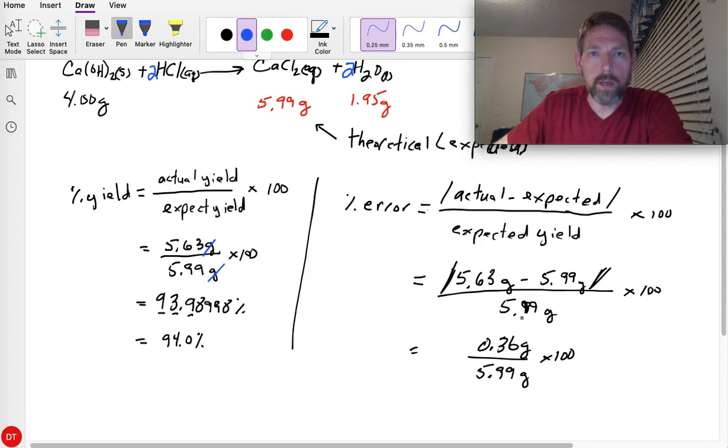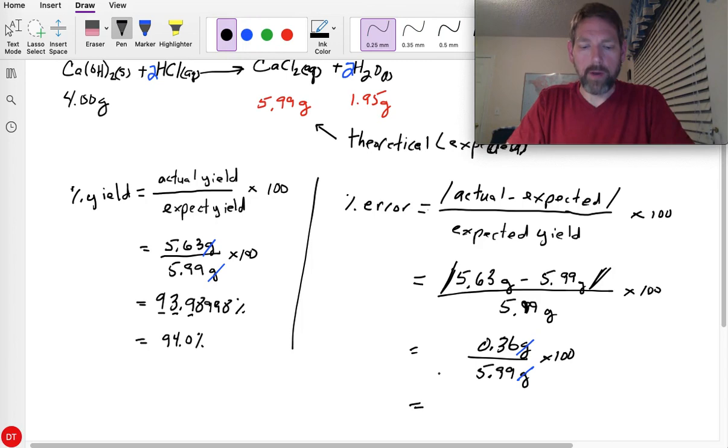Once again, like units over top and bottom cancel out. It is always about canceling those units. So we've got 0.36 divided by 5.99, and then times 100, and that gives us 6.0100167, and of course that's percent.